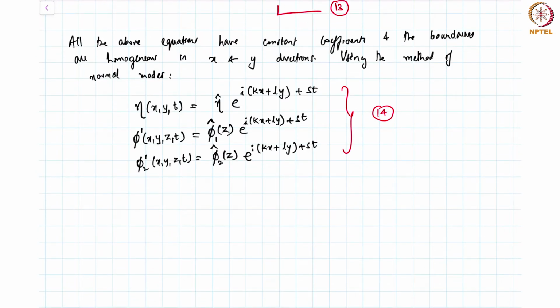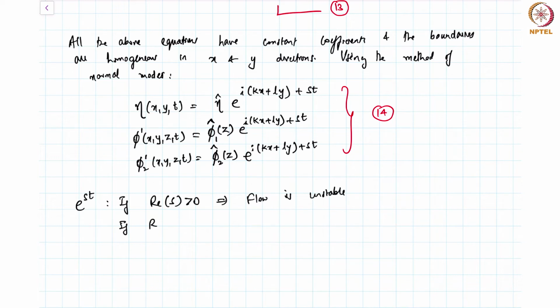So it's useful to know that I have an exponential of st term. That's the time dependent variation. The dependence on time is exponential like this. So this says that if the real part of s is greater than 0, then the flow is unstable.